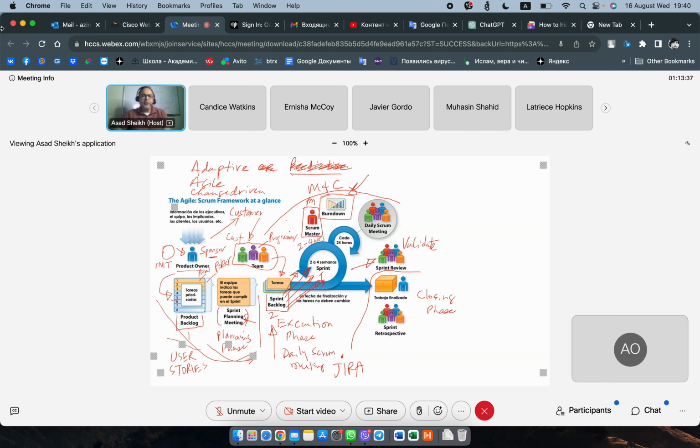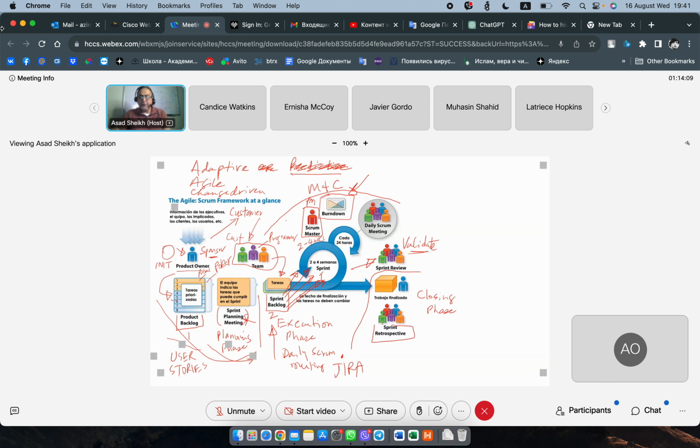And how many sprint reviews do you think you can have? If it's a 2 to 4 week sprint, you probably can only have 1 or 2 of these sprint reviews, right? But the purpose of this is really to validate and get ready for closing your sprint. And once you get an approval from the customer, then you can do what they call a sprint retrospective.